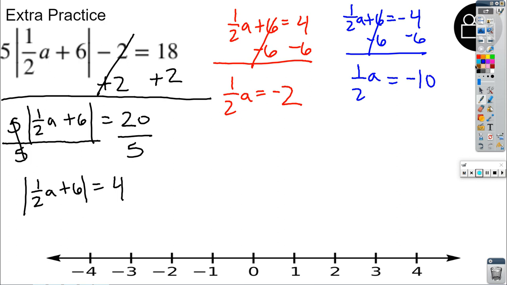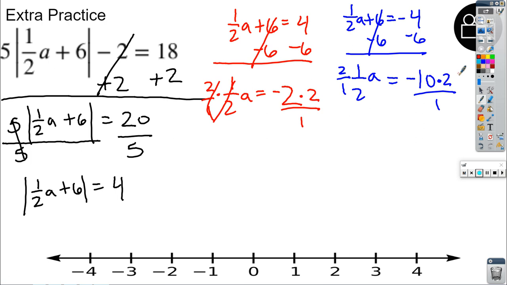So now what's going to happen is this. When I set this up and solve, I'm going to basically do 2 over 1 times 2 over 1. This one, same thing. 2 over 1 times 2 over 1. So these are going to cancel.